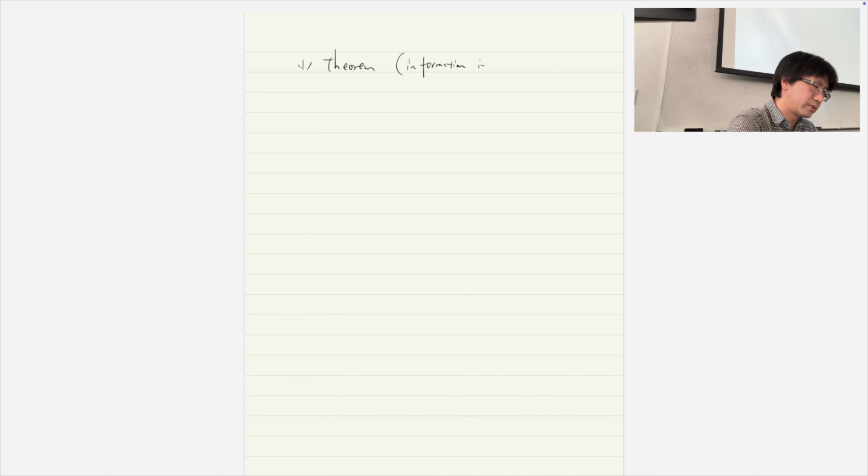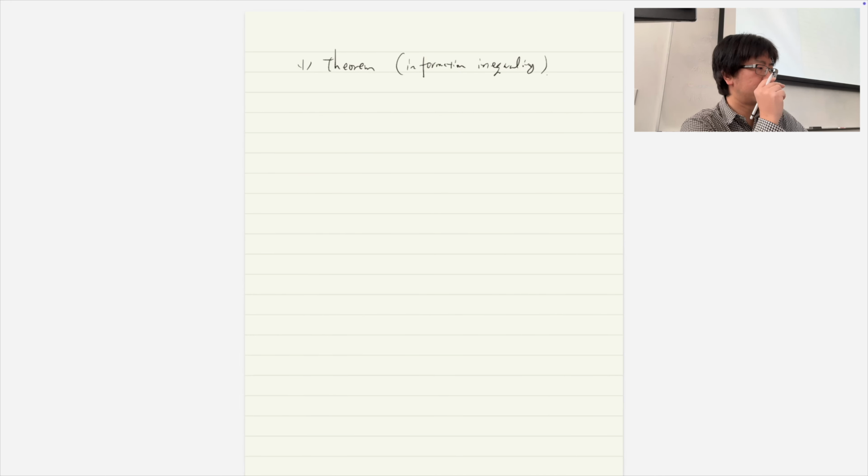Okay, so next we're going to use it to prove something that we really care about, okay? So the first one is that we want to prove one important theorem here. We want to use that to prove some information inequality.